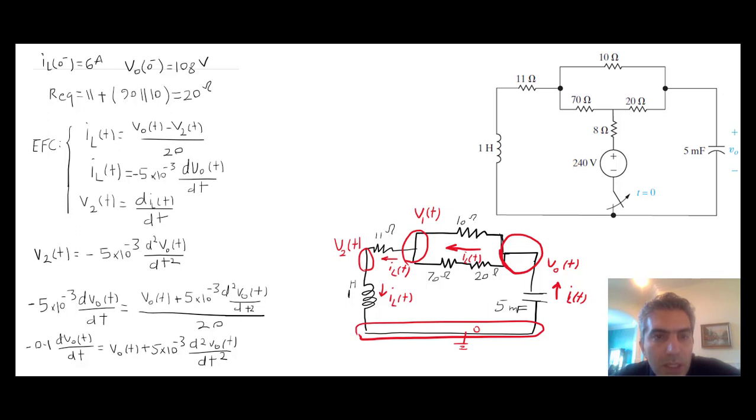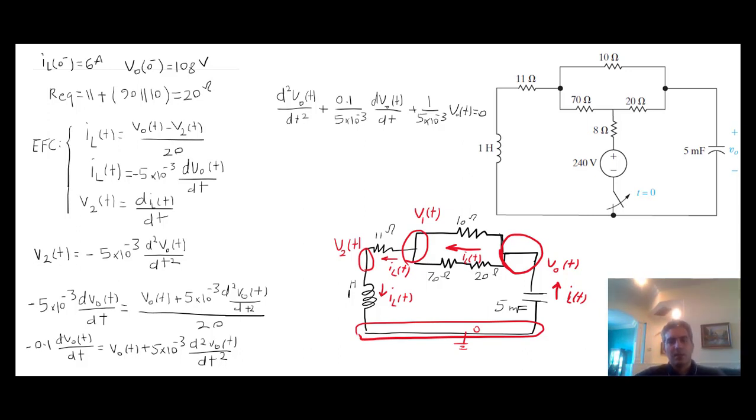So d2 V out t dt2 plus 0.1 divided by 5 10 to the minus 3 dV out t dt plus 1 over 5 10 to the minus 3 V out t is equal to 0.